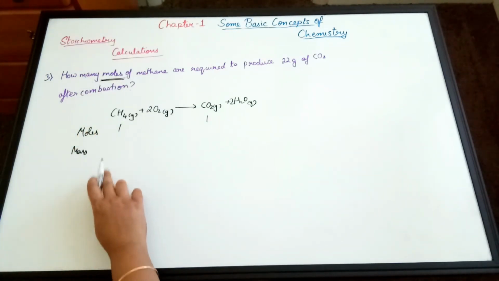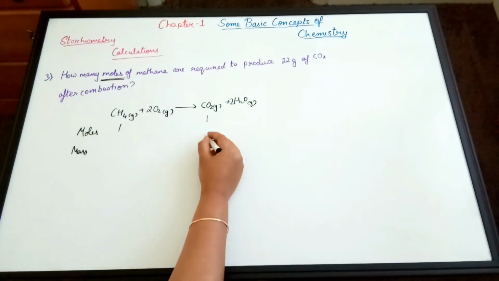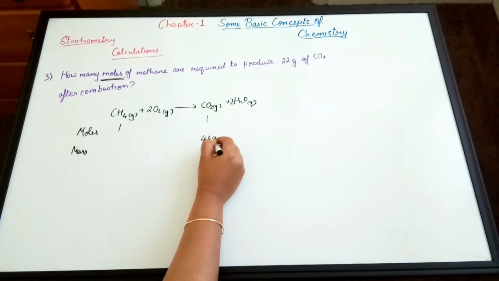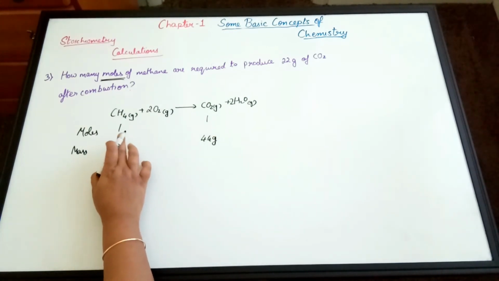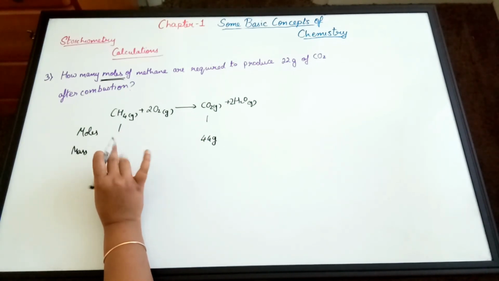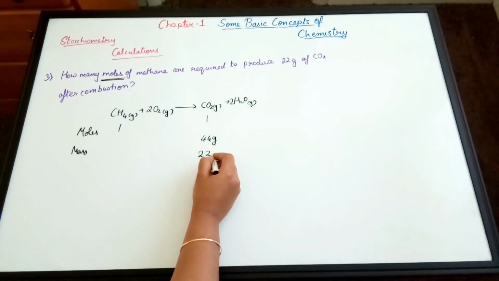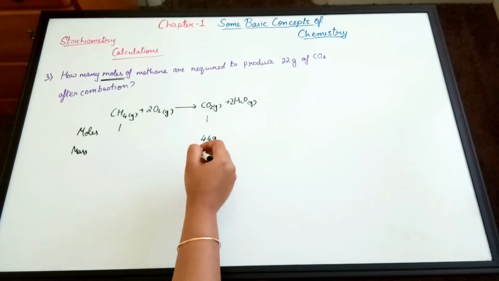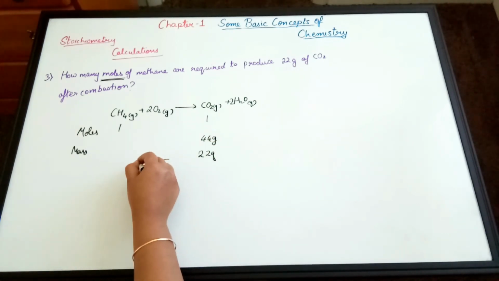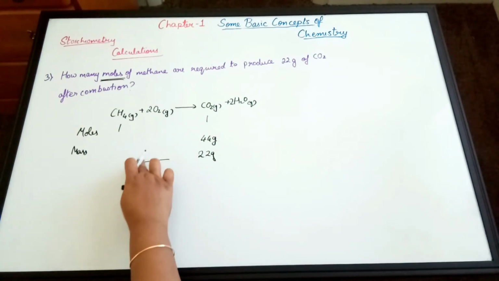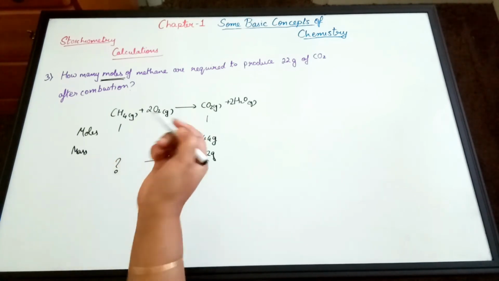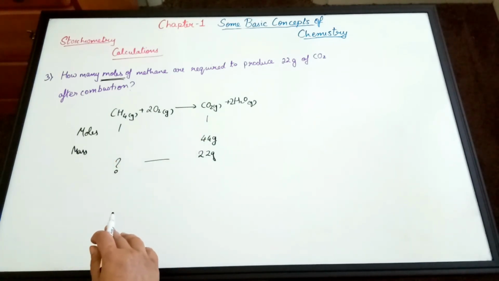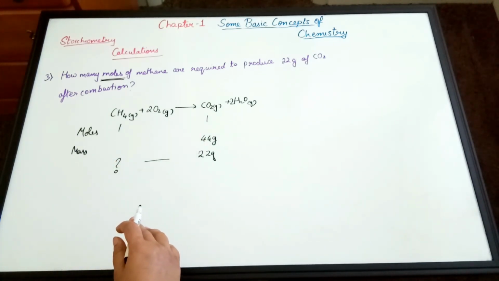Here you know that 44 grams of carbon dioxide are formed from 12 plus 16 grams of methane. Then 22 grams of carbon dioxide will be formed by how many moles of methane? That is the question over here, which means we are relating mass and moles.